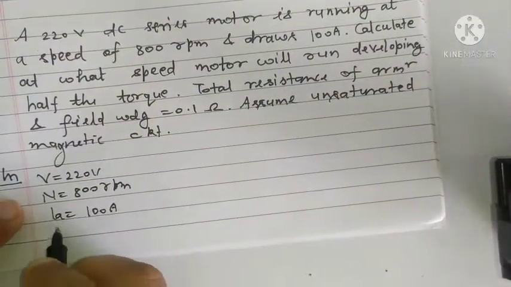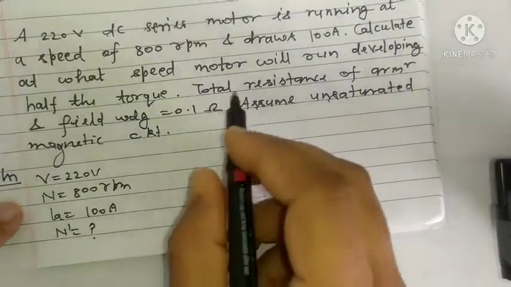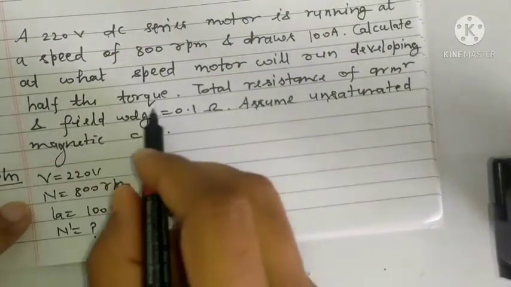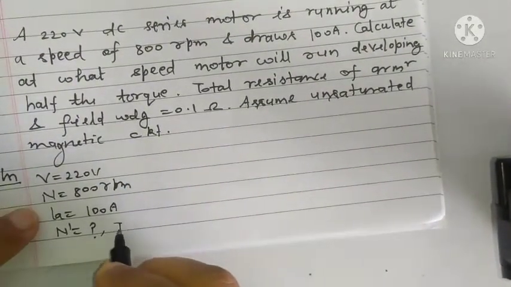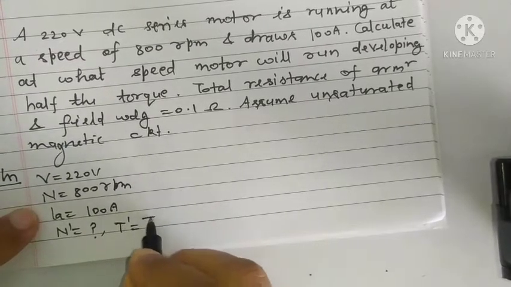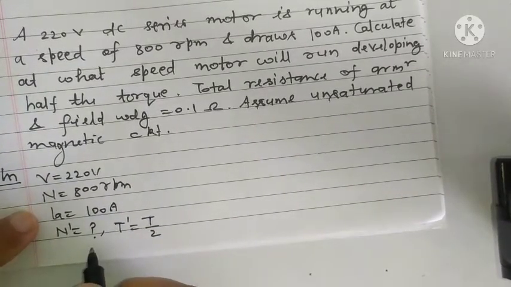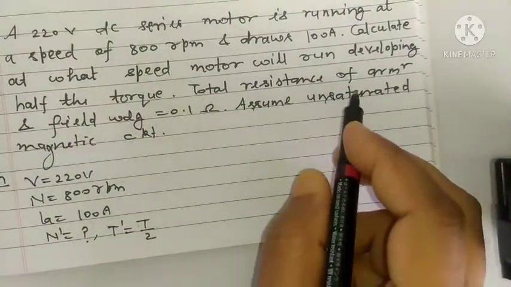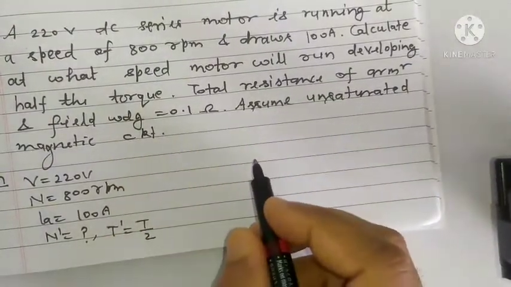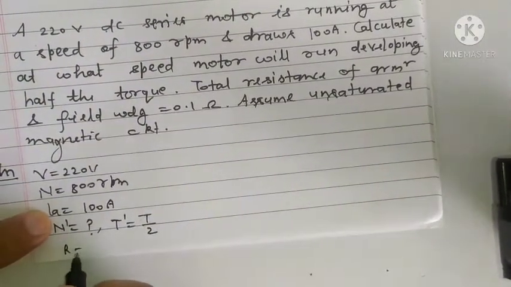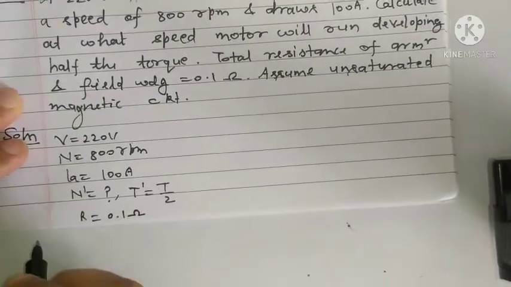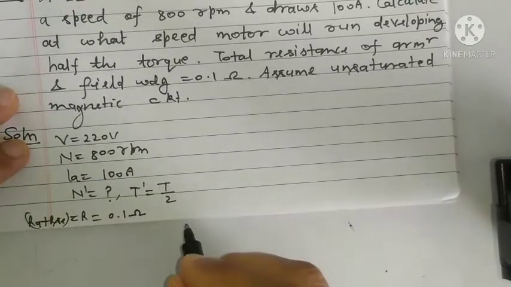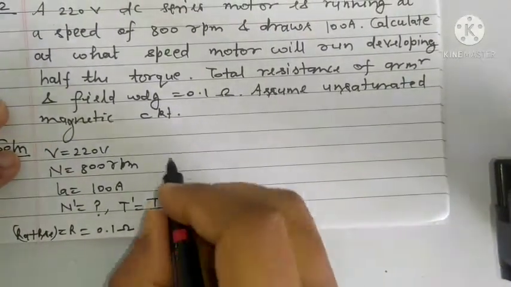Calculate at what speed the motor will run, developing half the torque. So when torque developed is half of the original torque, then what will be the speed, right? That they are asking. Total resistance of armature and field winding is given. So I can say R is 0.1 ohm, which is Ra plus Rsc, right?